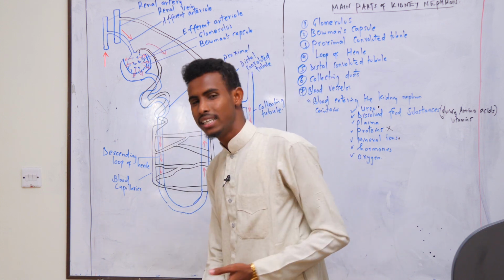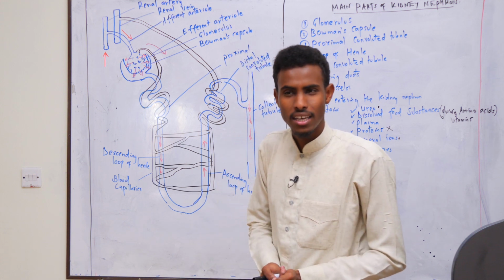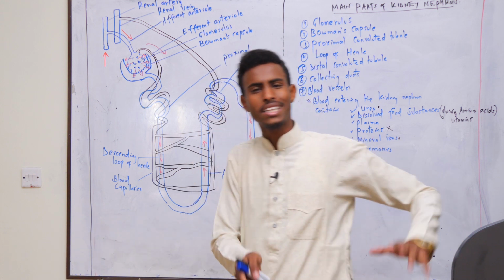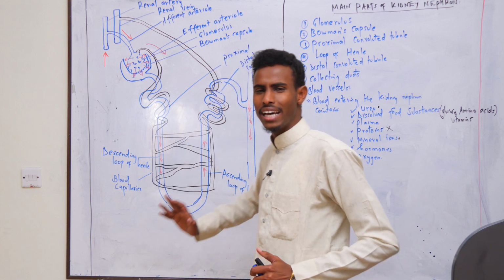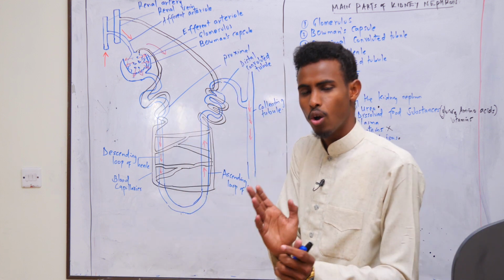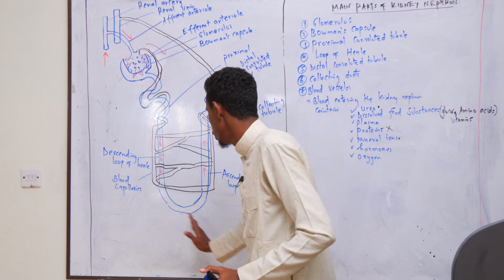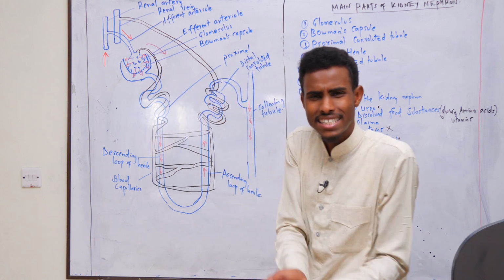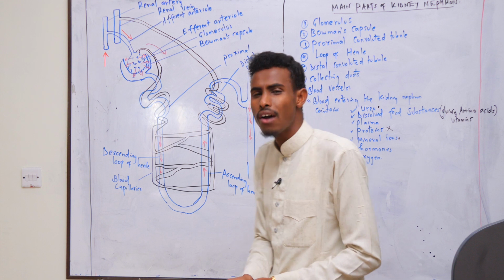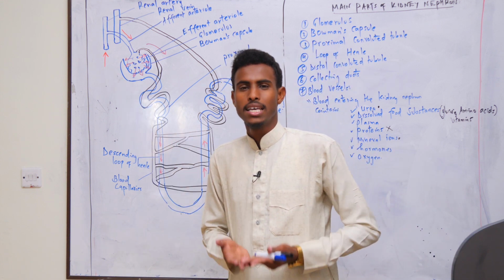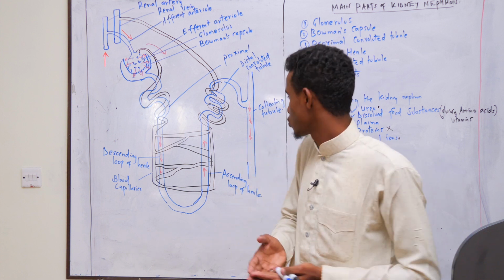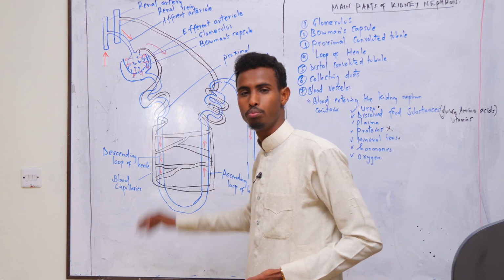Now, class, the loop of Henle depends on the habitat, and therefore, depending on the habitat an organism lives in, there is a structural modification of the loop of Henle. For instance, desert organisms have a longer loop of Henle to increase the surface area for water reabsorption along the loop of Henle.